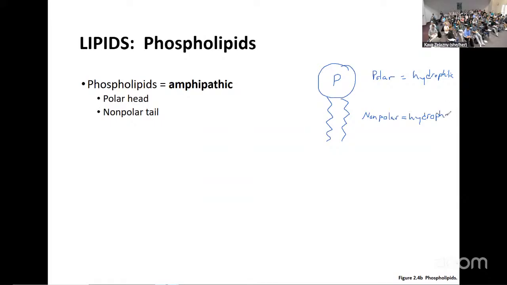It's going to be hydrophobic, it's going to repel water and anything that likes water. So we refer to phospholipids as being amphipathic because they have these two parts. That's what they mean. It has two parts with these different attractions or repulsions with regards to water.